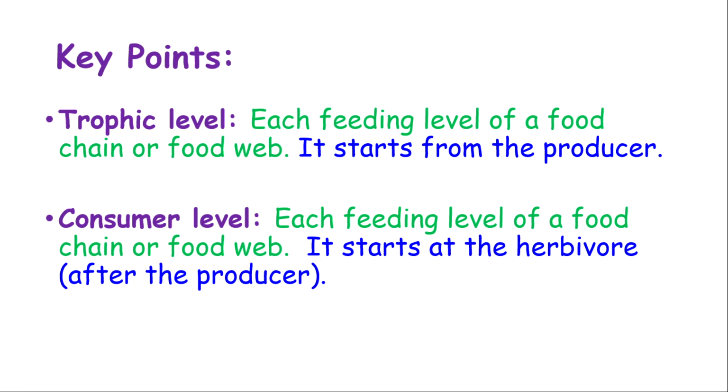So the difference between trophic level and consumer level is that the trophic level is all the feeding levels of the food chain starting from the producer, but the consumer level starts after the producer. In other words, now the heterotrophs occupy the consumer level. Okay, and the trophic level is all starting from the producer. That's the difference. So heterotrophs occupy the consumer levels. Okay, so just want to have that in your mind.